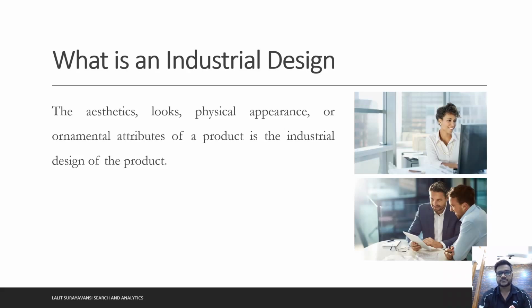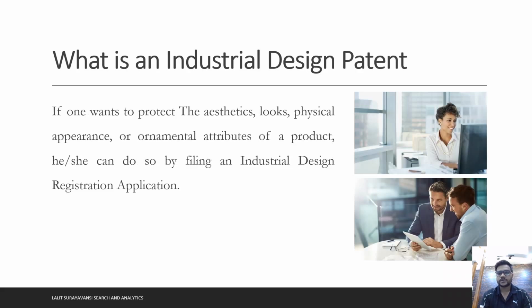So this is an industrial design, and if you want to protect it: if you have a product with a shape, aesthetics, or looks, you can protect it by way of industrial design patents.